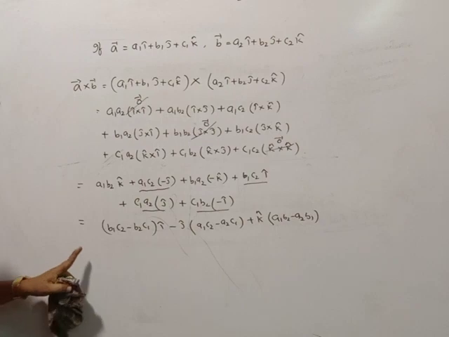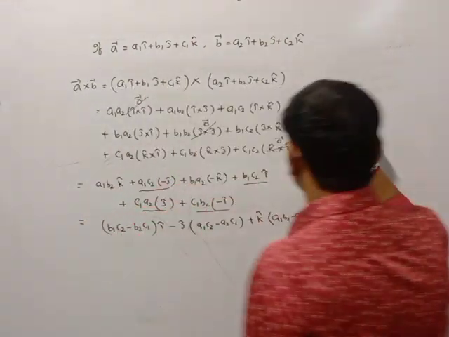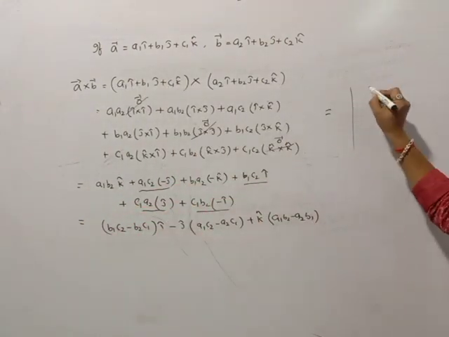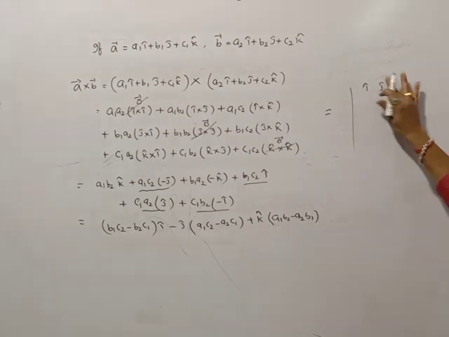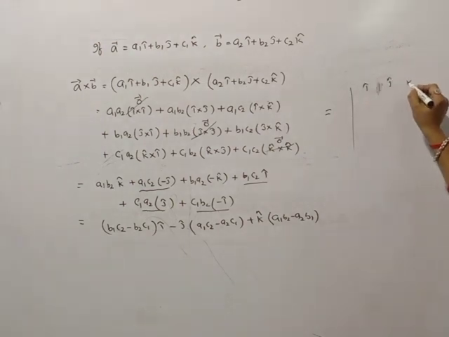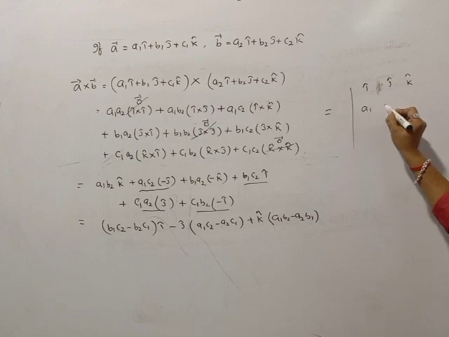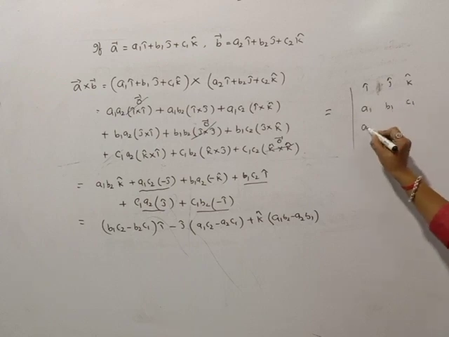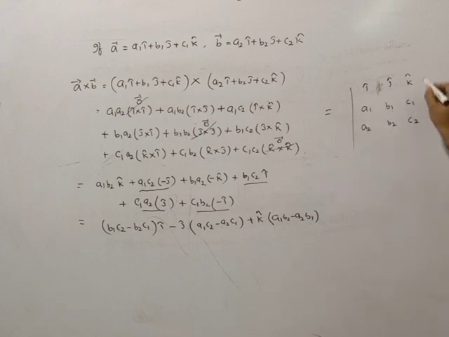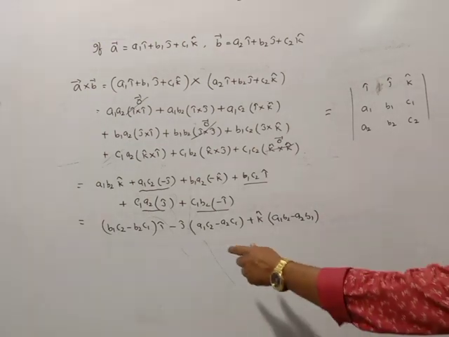See, these three terms can be written in determinant form. Just observe here. Det of i, j, k; A1, B1, C1; A2, B2, C2. How?